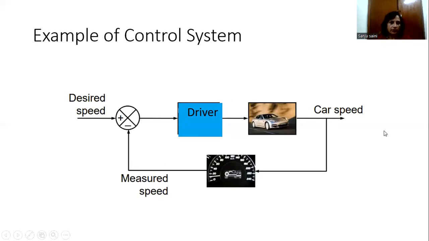In this diagram, you can view a control system where a driver wants to drive his car at a particular car speed. So what he is doing?